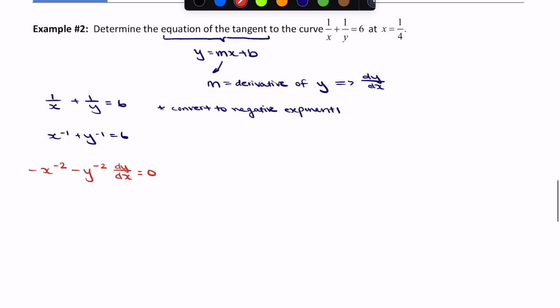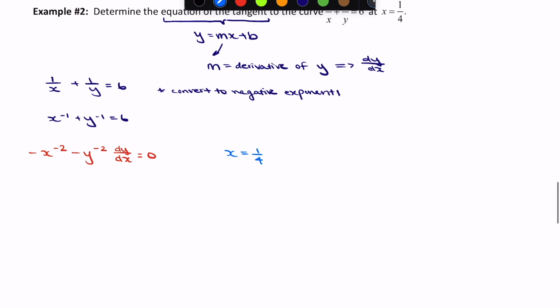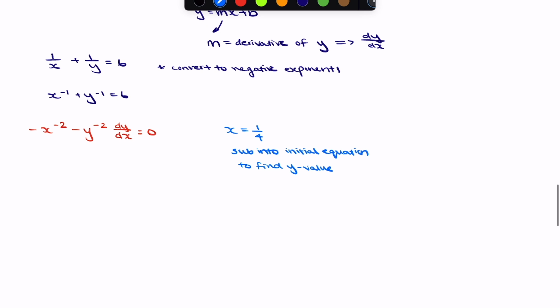And here we know that it's at x is equal to 1 over 4. So let's sub it into the initial equation to find the y value.